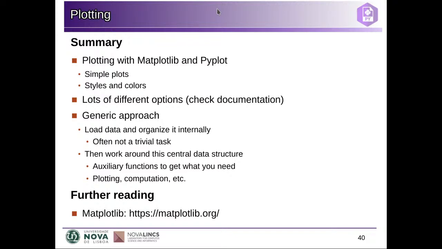And we saw this general approach where we are separating different tasks in our program. We are loading data into an internal data structure, for example, the dictionaries. This may not be trivial. You may have to think about how you're going to structure the data in your program, but then we load everything that we want into this same format.